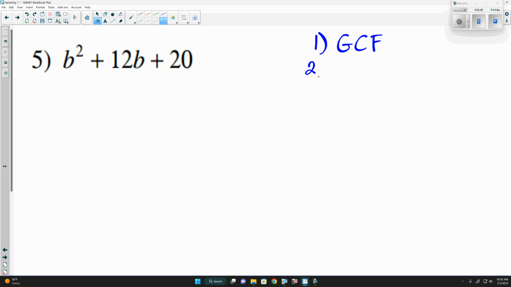Our second step is to set up two sets of parentheses with 3 spaces.